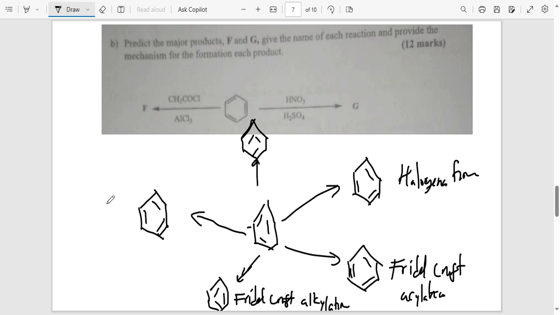And then which other one did I even mention earlier? Halogenation, Friedel-Crafts. Okay, there's nitration. And then the other one is going to be sulfonation.